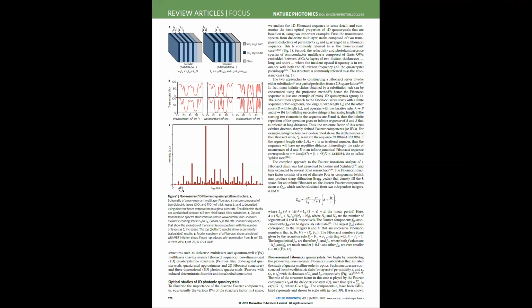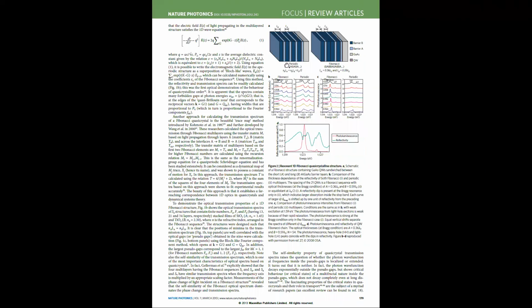They show gaps, and then within the gaps, there are details. It's almost fractal. So you can get very rich details in the transmission spectra that are much more complicated than the ones you've seen when playing with the periodic films. And they just follow the Fibonacci sequence.